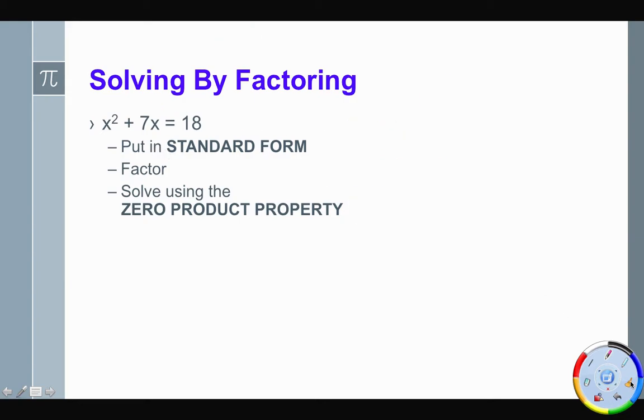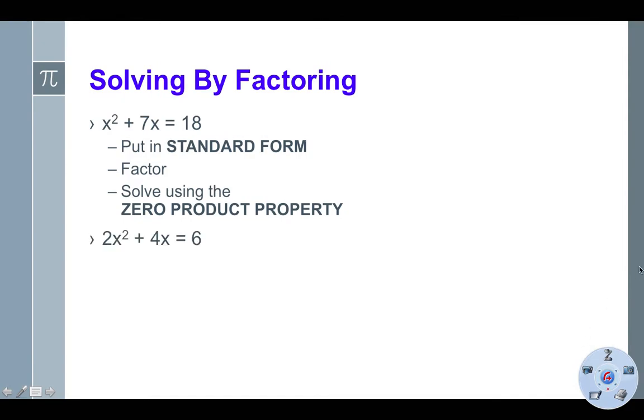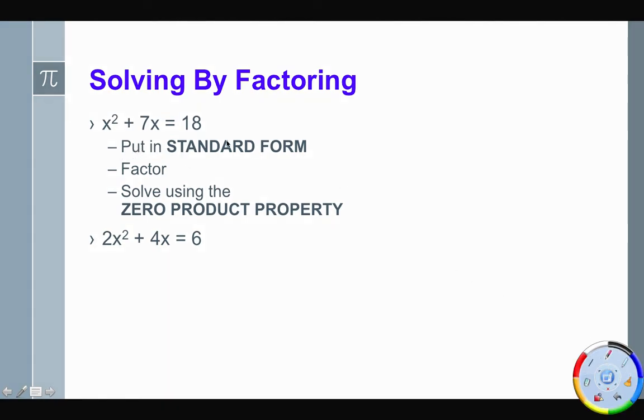All right, so that being said, let's try another example. So let's try this again. Let's put this in standard form. So let's subtract 6 from both sides, and we get 2x squared plus 4x minus 6 equals 0.